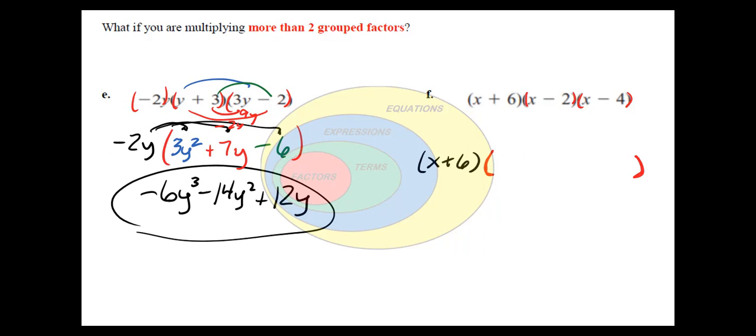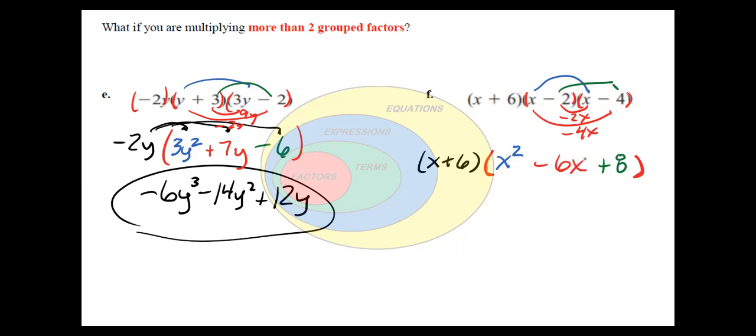So again, the first two terms when I multiply give me the first term of my answer, which is x squared. The last two terms give me the last term, which is a positive 8. And then the negative 2x and a negative 4x give me a negative 6x.